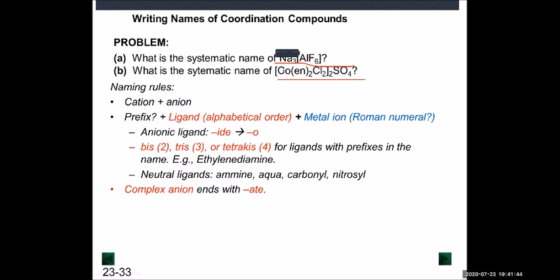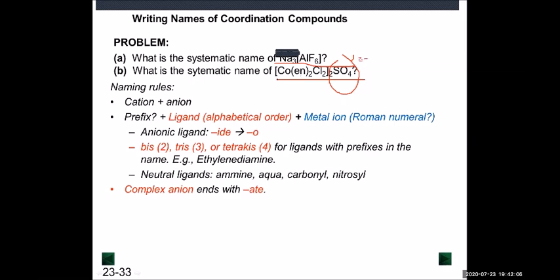And the second one, we need to decide what the charge on cobalt is. With one sulfate, there's a 2 minus charge on the sulfate.